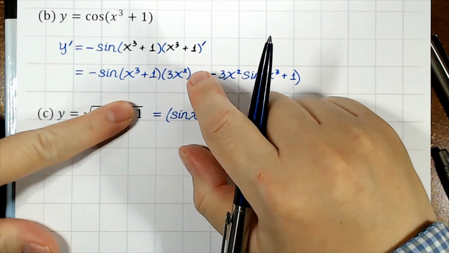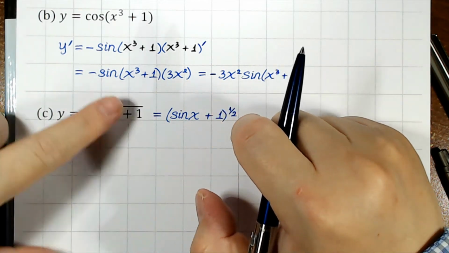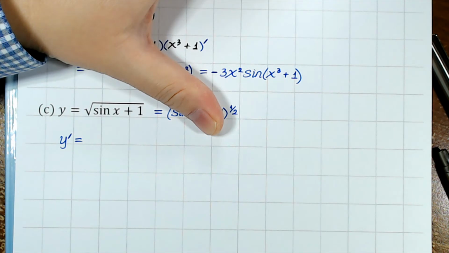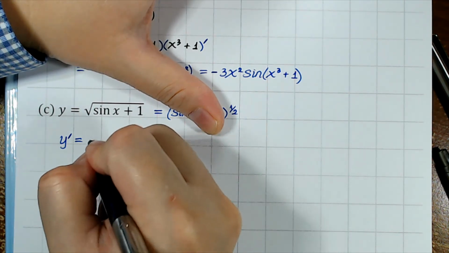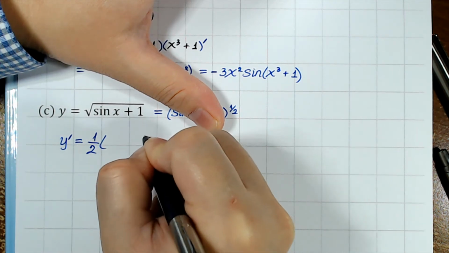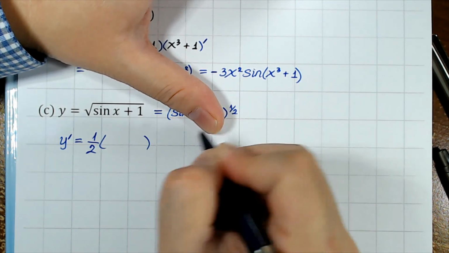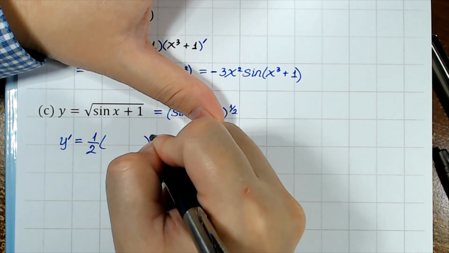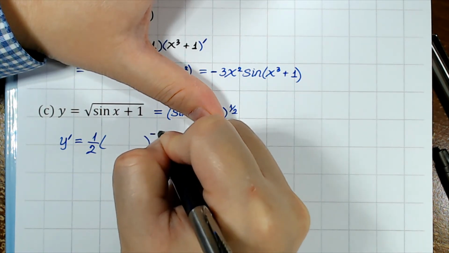We can ignore what is inside the parentheses, or inside the square root. So we just have 1/2 of that, and then the power rule: the original power, subtract 1, so we have negative 1/2.